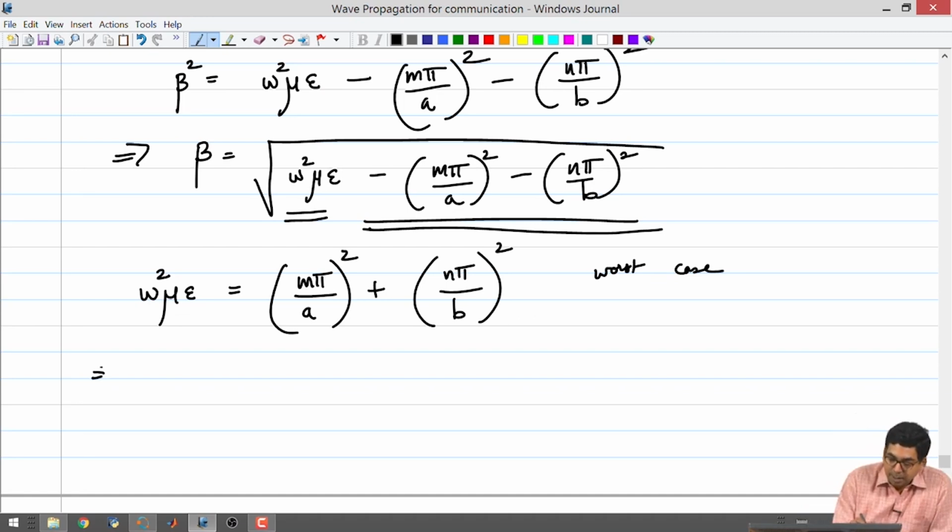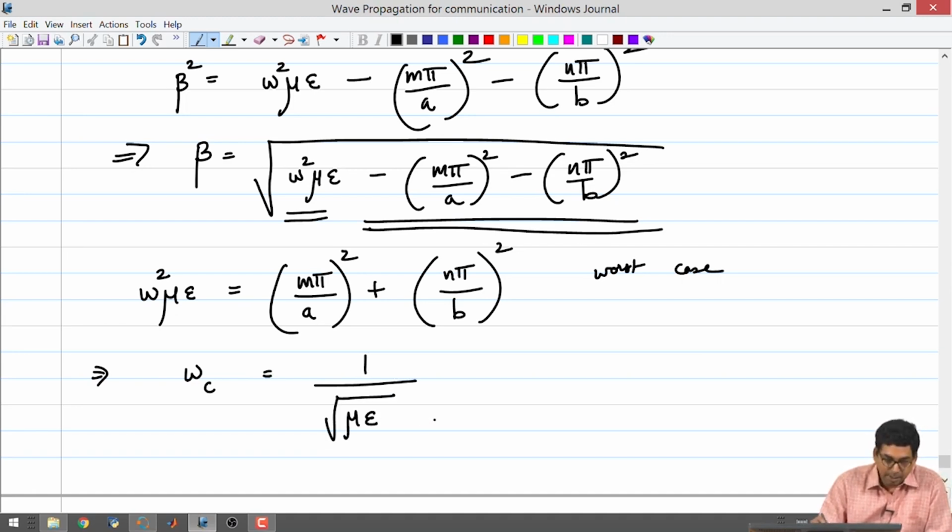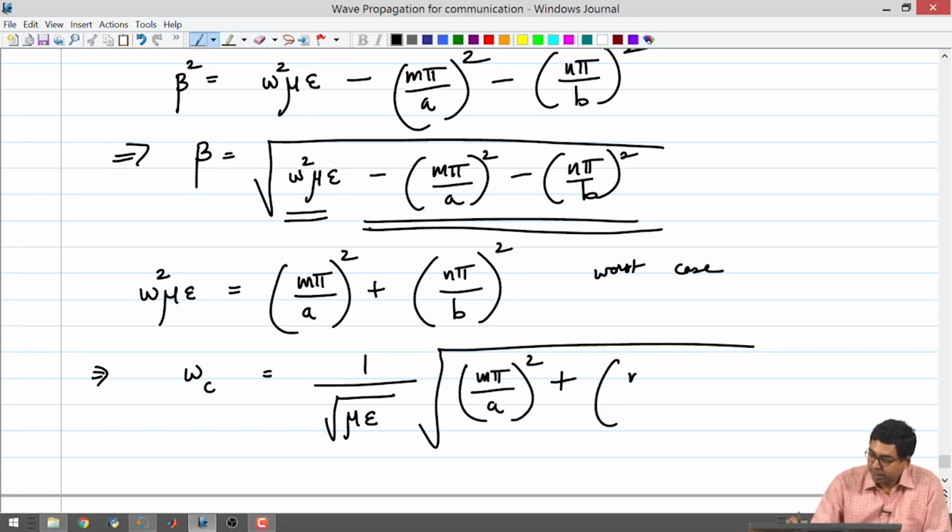So, what I can do is I can take mu epsilon on the other side and take a square root. So, I will just get, for the worst case, I will mark this as omega C. It is going to be 1 by square root mu epsilon, and I will be having square root of (m pi by a) square plus (n pi by b) square. This is the worst case where beta becomes equal to 0.